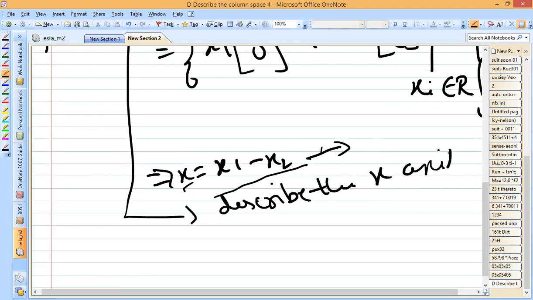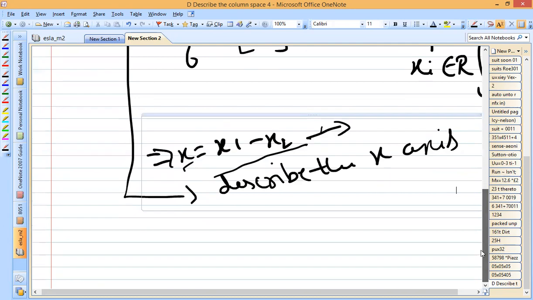If you get an expression like this, it defines only the x-axis. If you find non-zero elements only in the first row, you can simply mention that the matrix represents the x-axis.